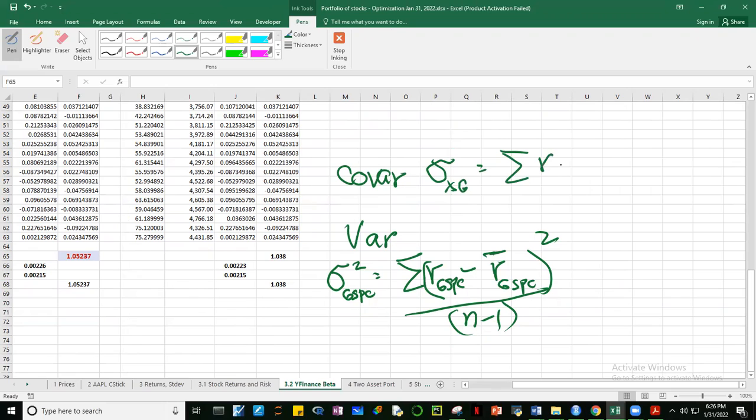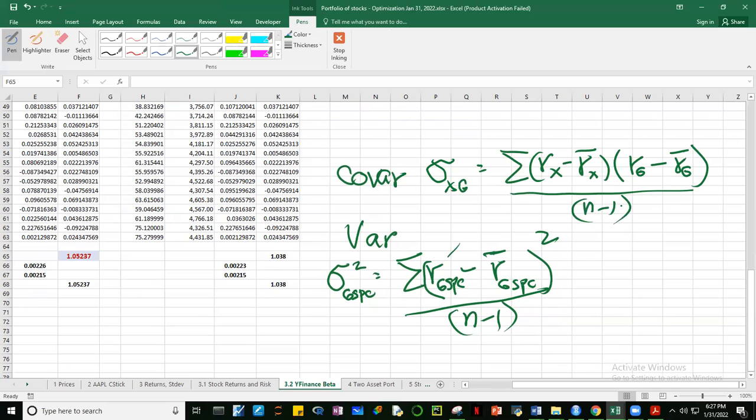So the return of Exxon minus average return ng Exxon times, this time, i-cross multiply natin siya sa return ni GSPC minus return ni GSPC average, no? Average return GSPC. Wala nang squared. Okay, ito kasi squared eh. Parang 2 times natin ginawa ito to itself and then divided by n minus 1.